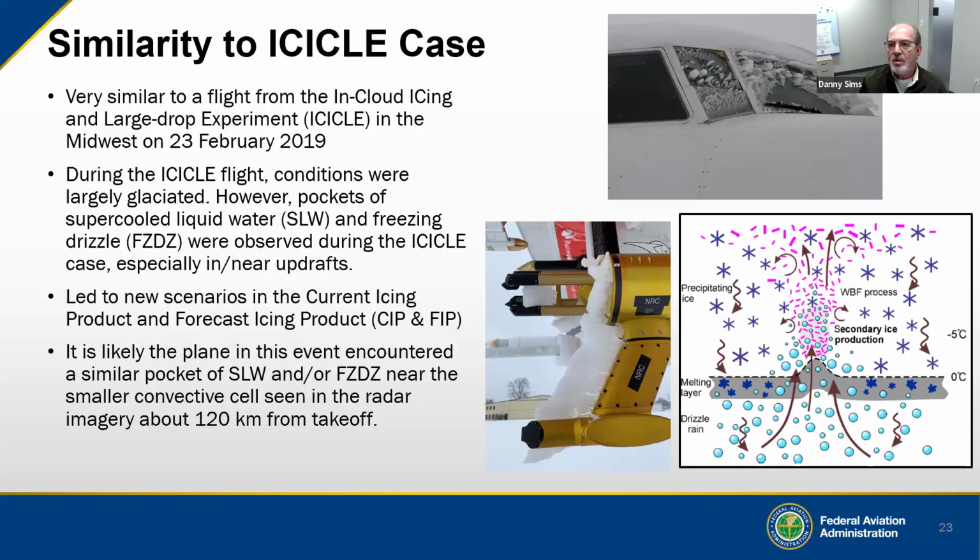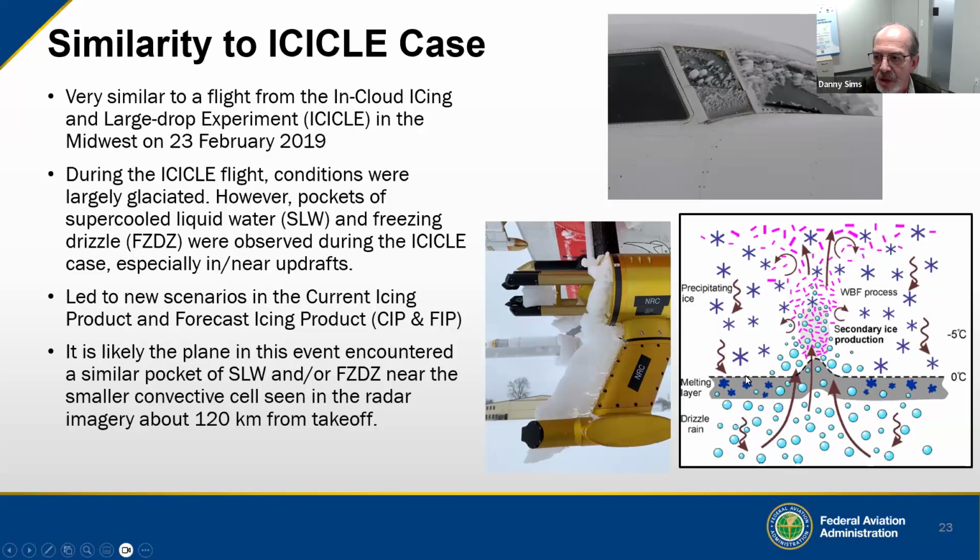What we saw on this particular case, although we saw it at other times too, but on 23 February, was that most of the conditions were ice particles, ice crystals. However, in our graph, as you see on the bottom right, these ice crystals, when they grow large enough, start falling down, precipitating down.